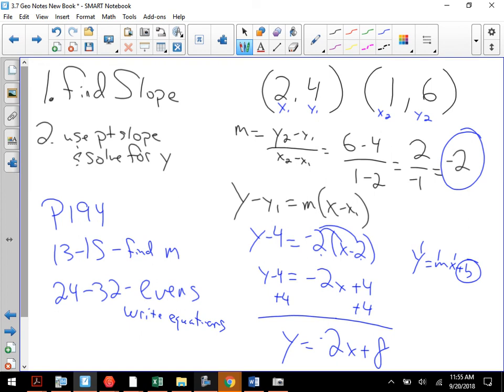You're trying to figure out what's the equation of the line that contains them. Lines are always written in the format y equals mx plus b. Between those 2 points, we figured out that the slope was -2. Then if I used one of those ordered pairs, 2 and 4, I do y minus 4 is our slope, x minus 2. If I manipulate that equation, I will get it into this format.